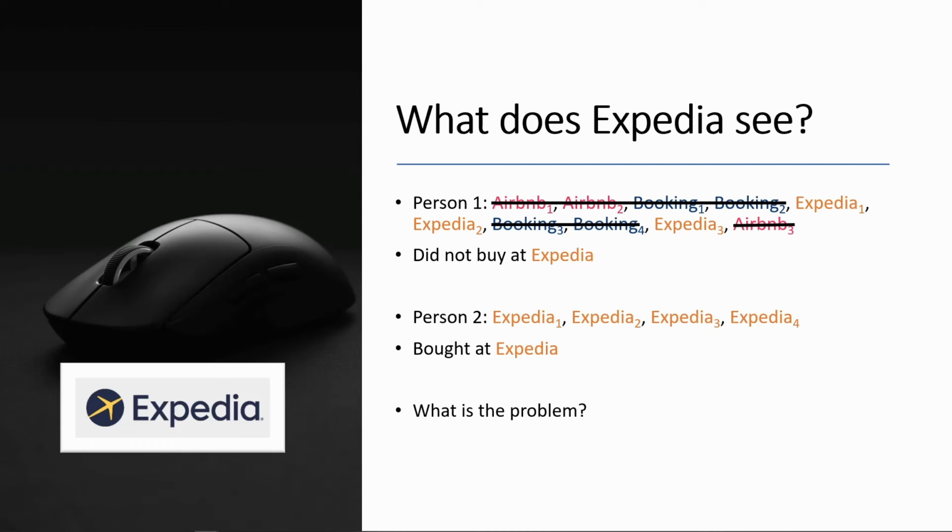So the person visits Expedia 1, 2, 3 times and did not buy from Expedia, and person 2 visited Expedia 1, 2, 3, 4 times and bought from Expedia. And the most obvious conclusion, of course, is maybe a 4th time is a charm if this is all you see from Expedia's perspective. 3 visits, no buy, and 4 visits, a purchase.